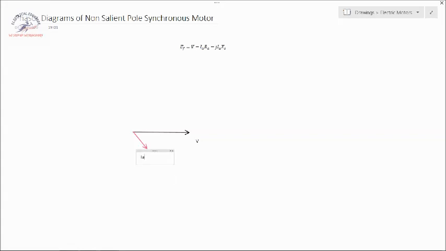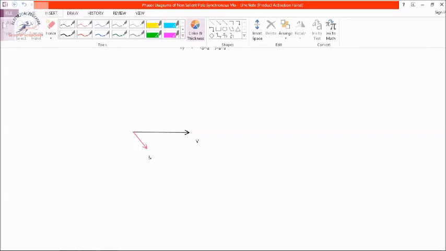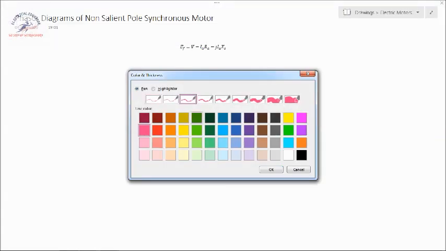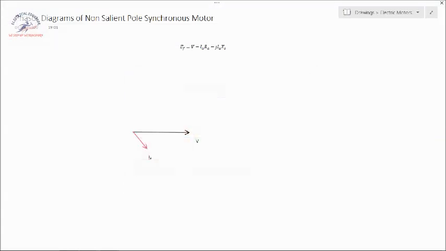I'll call this IA, the armature current. Usually, whenever we consider AC circuits, the angle between voltage and current is called the power factor angle, and we usually denote it by the symbol phi.